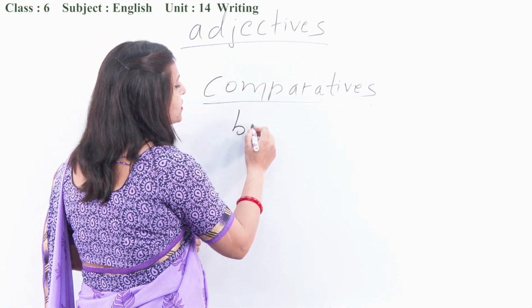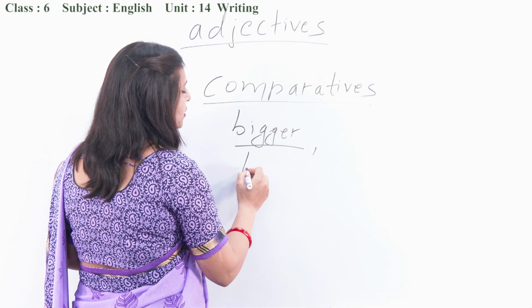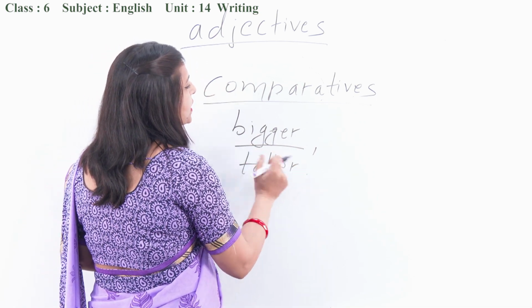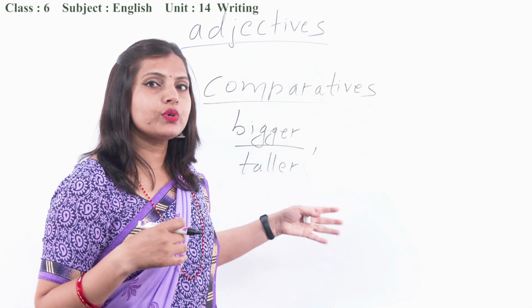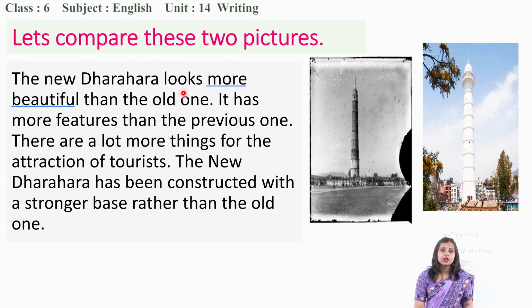For example, bigger, taller. You see, these are comparatives. You can use these words when you have to make a comparison. I have used here, it looks more beautiful. So more beautiful is the comparative for beautiful. Likewise, more features. Old Dharara has many features, new has more. Comparative, you see.